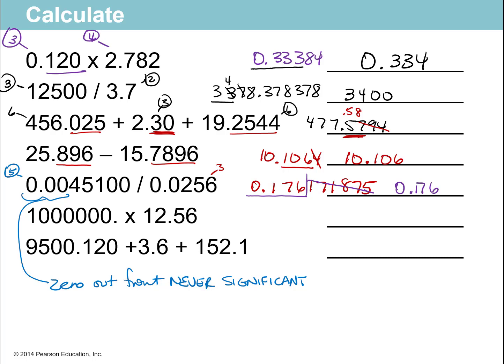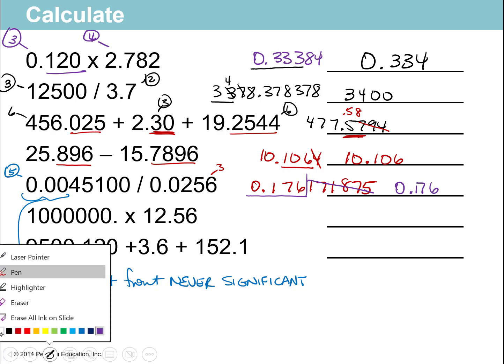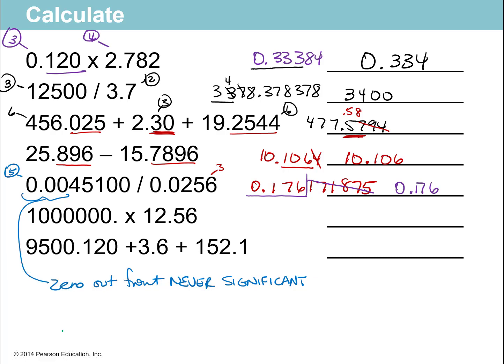So what about this one? If I have a million with the decimal place, that's an exact number, 1 million times 12.56. So a million times 12.56 ends up being 12,560,000.